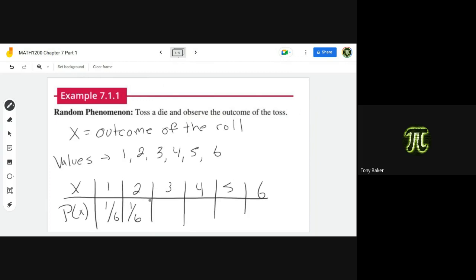What's the probability of me getting 3, 4, 5, and 6? That is known as a probability distribution. It's listing every outcome, and it's listing the probability of every outcome.